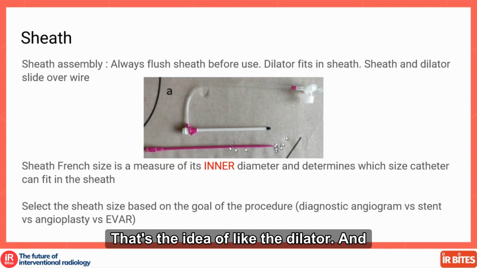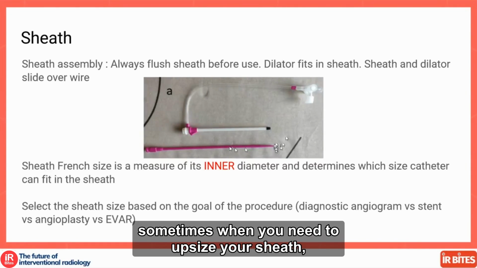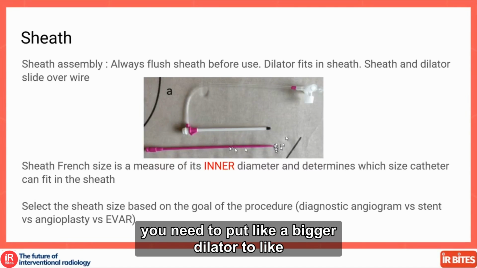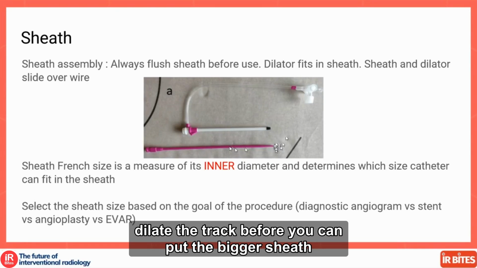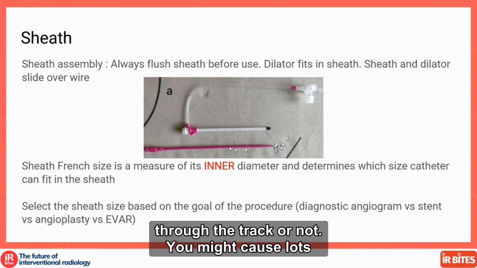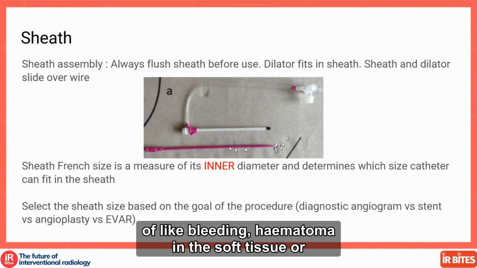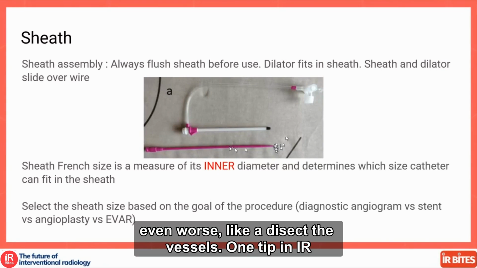So that's the idea of the dilator. And sometimes when you need to upsize your sheath, you need to put a bigger dilator to dilate the tract before you can put the bigger sheath through, or else you might cause lots of bleeding, hematoma in the soft tissue, or even worse, dissect the vessels.